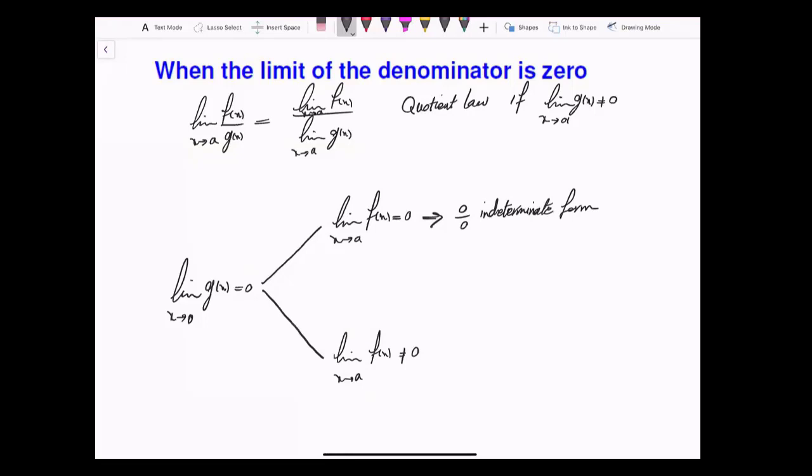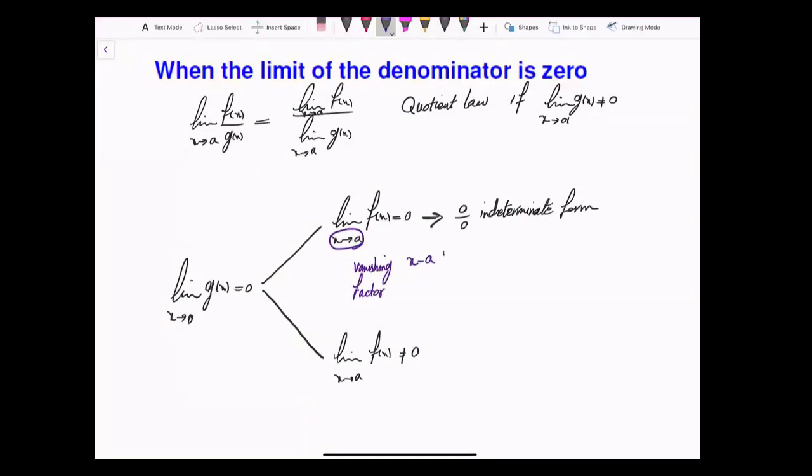And what do we do here? Well, 0 over 0 is not the final result for us. 0 over 0 is just a middle step that screams at us, do something for me. What is that do something? We factor out the vanishing factor. What is the vanishing factor? If x approaches a, x minus a will be the vanishing factor.